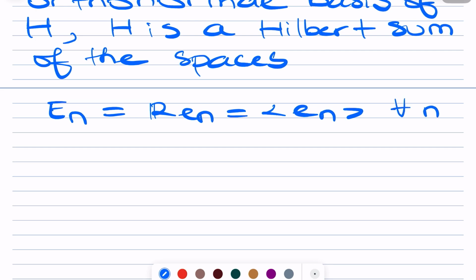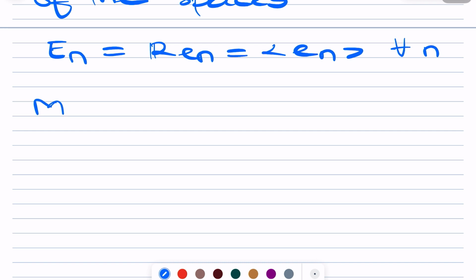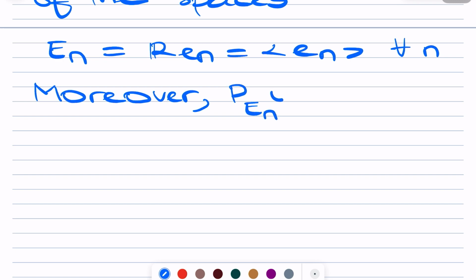Now, moreover, the projection of u onto E_n is equal to the scalar product of u and e_n times e_n.